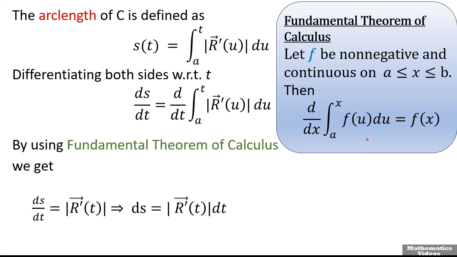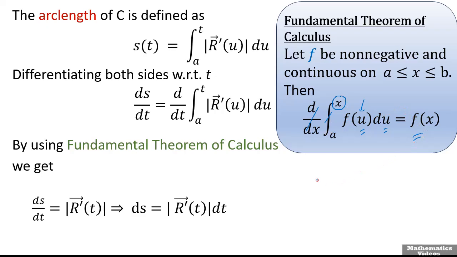First note that the variable u is a dummy variable, because we know from basic calculus that the variable of integration is always a dummy variable. So u is a dummy variable, and here the derivative cuts the integral, and the dummy variable u is replaced with the upper limit of integration, which is the variable x. So therefore the derivative of this integral is equal to just f of x.